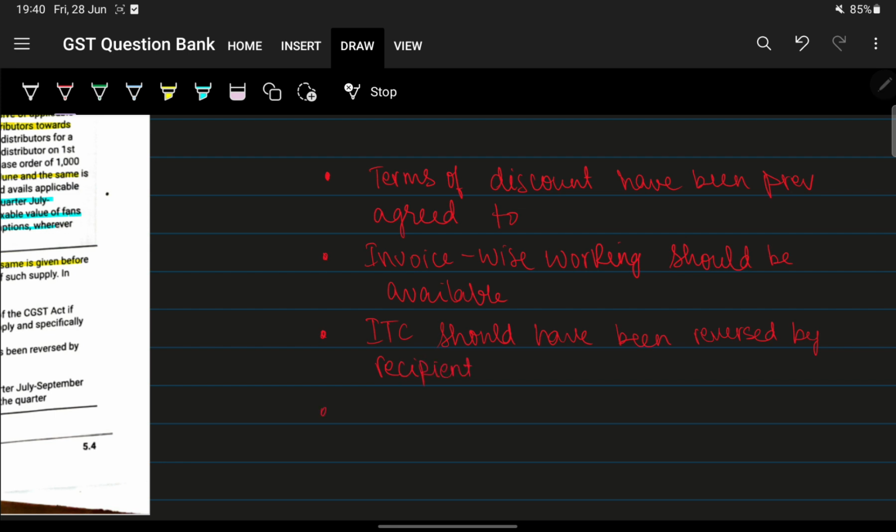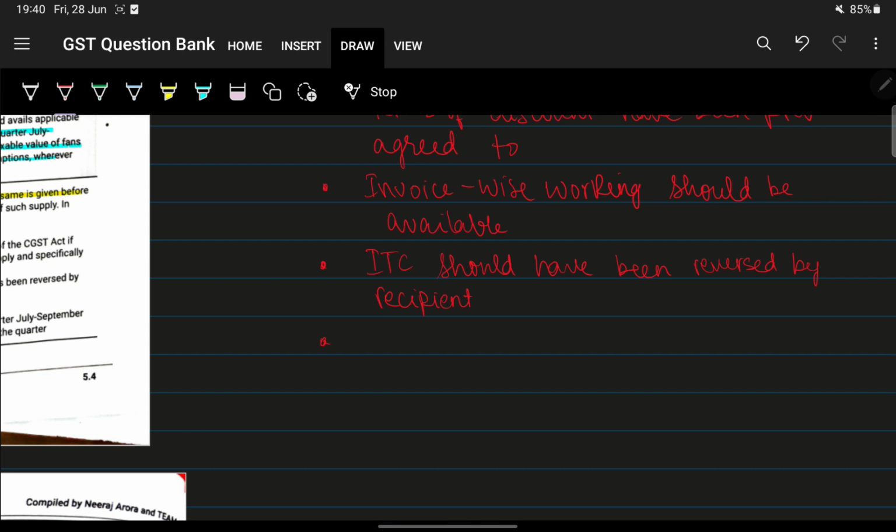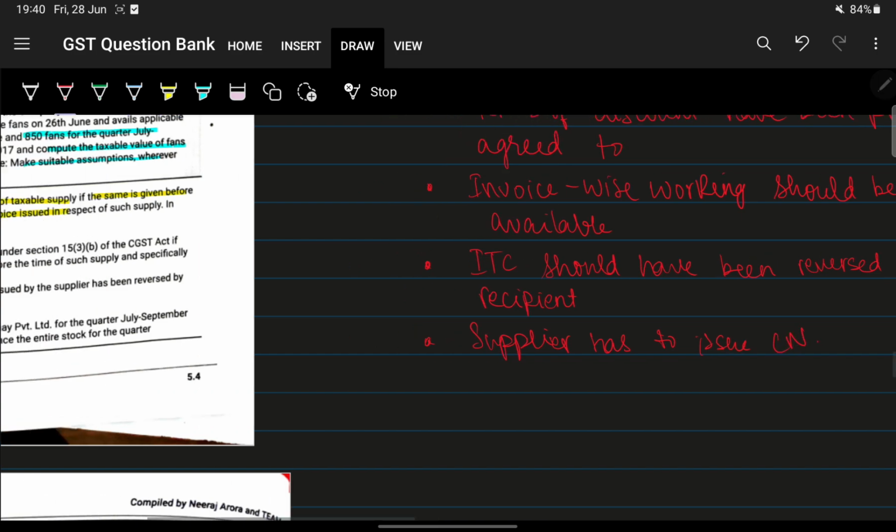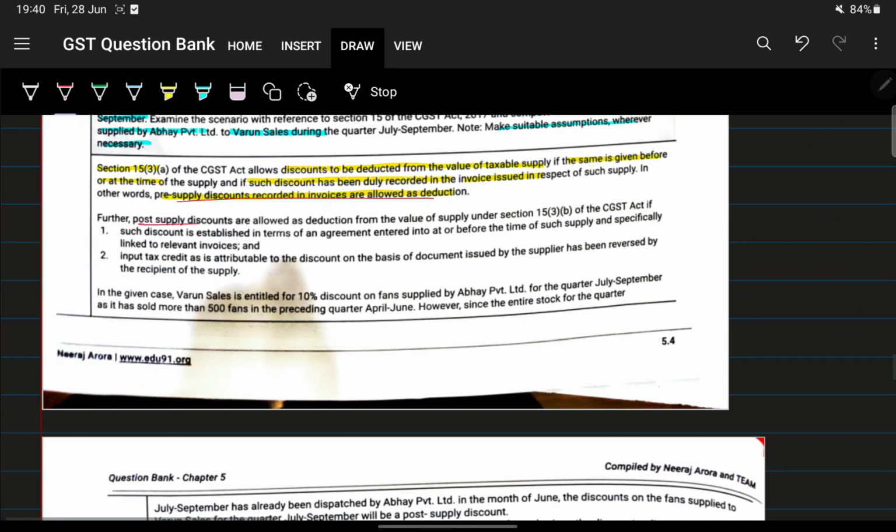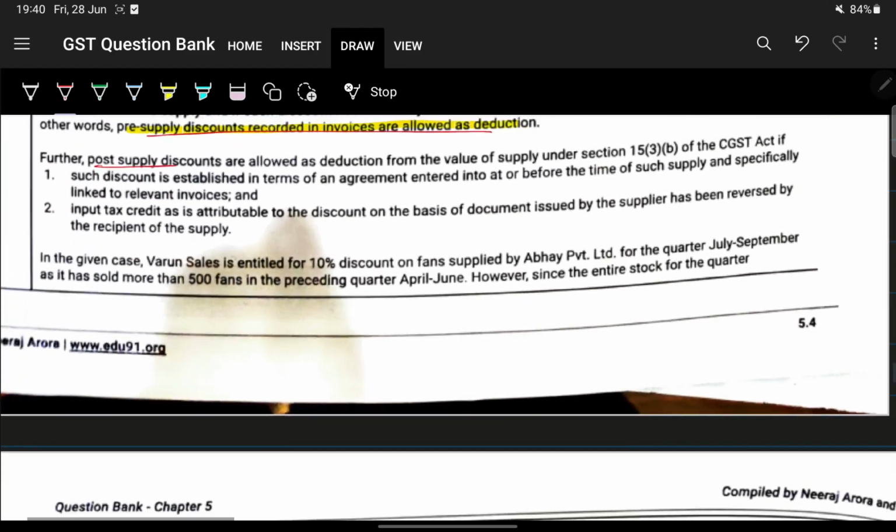Fourth, the supplier has to issue a credit note. So those are the 4 conditions.